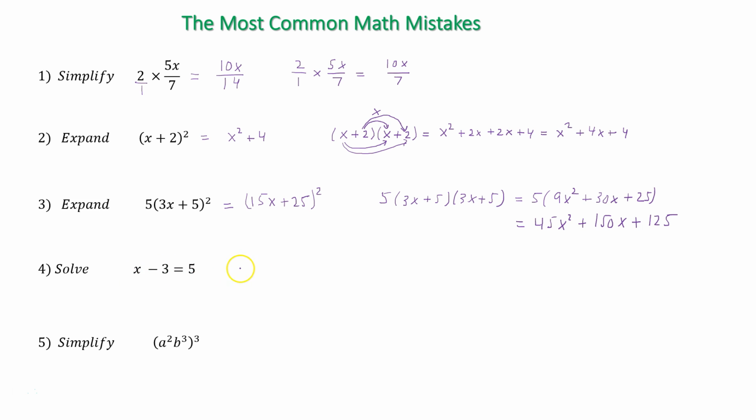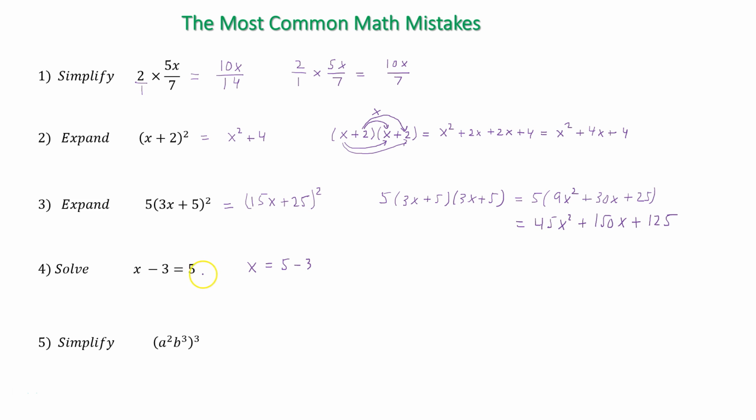So when solving something like this, they'll write x is equal to 5 minus 3, not realizing that when isolating for a variable, if this 3 is being subtracted from x, in order to get rid of this minus 3 on this side, you would have to add 3 to this side, and since you're adding a 3 to one side, you also have to add the 3 to the other side.